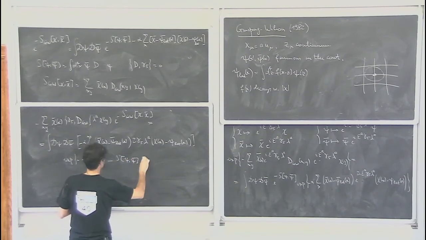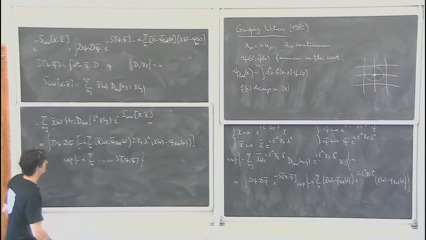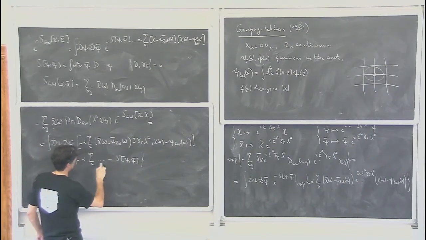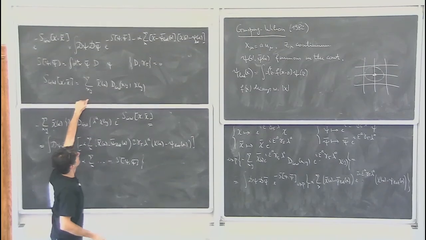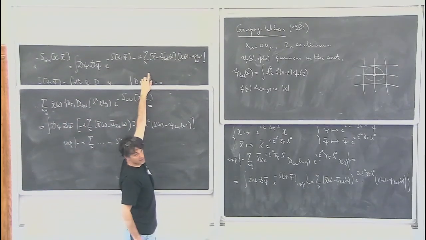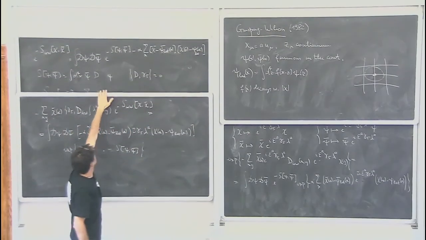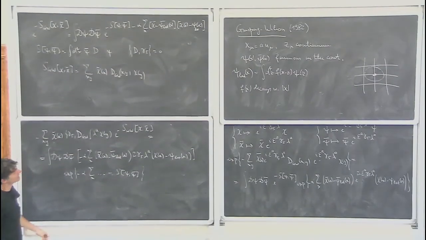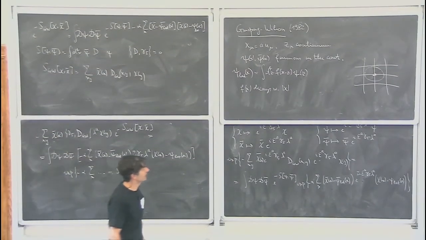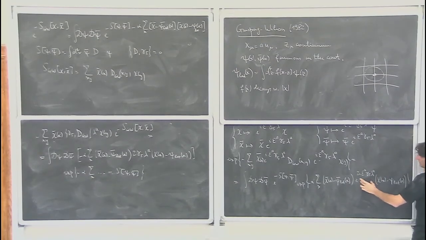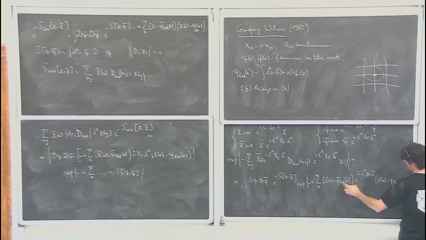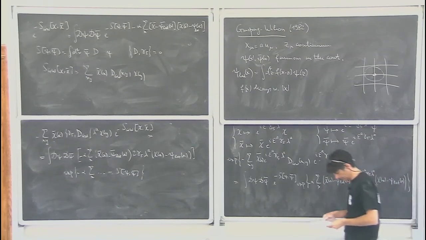This is a minus, and this dot, dot, dot is exactly the expression that we have up there in the definition of the Ginsparg-Wilson action. It is the leading term of this expansion. We get a chi bar psi lat, chi psi lat.